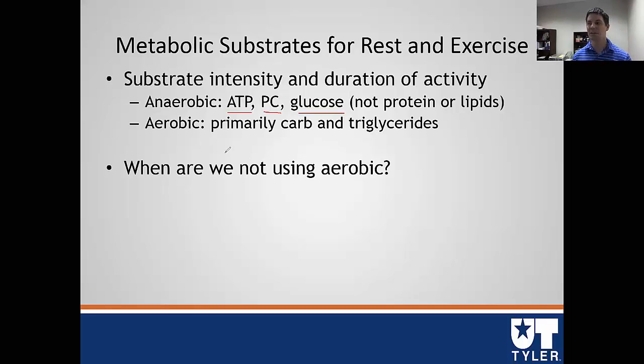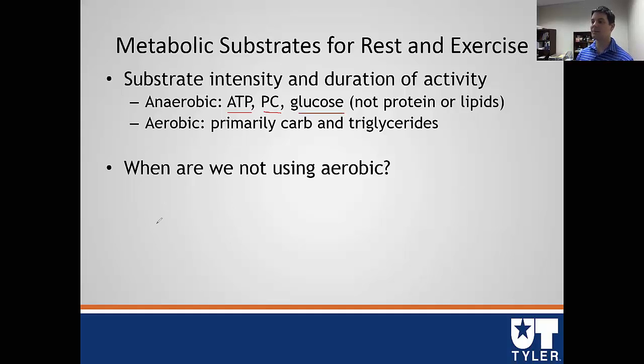Remember, carbohydrates feed in through glycolysis ending in pyruvate, and pyruvate is converted into acetyl-CoA, which can be fed into the TCA cycle. Triglycerides can be broken into free fatty acids and glycerol. Glycerol can be converted to a sugar similar to glucose and fed through glycolysis, and we can use those free fatty acids where we chop the fatty acid into 2 carbon segments, and those are converted into acetyl-CoA.